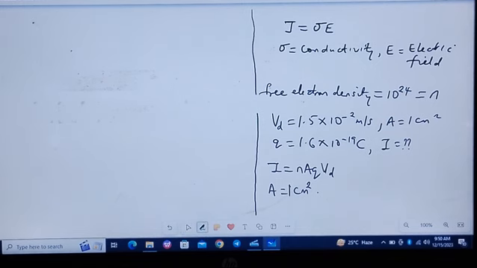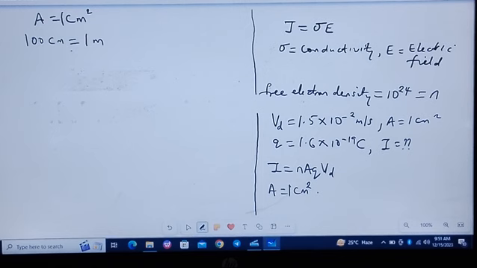Now, if the area is 1 centimeter squared and we want to convert to meter squared, how are we going to do that? It's quite easy, but a little bit confusing to young undergraduate learners. So remember that 100 centimeters is equivalent to 1 meter.